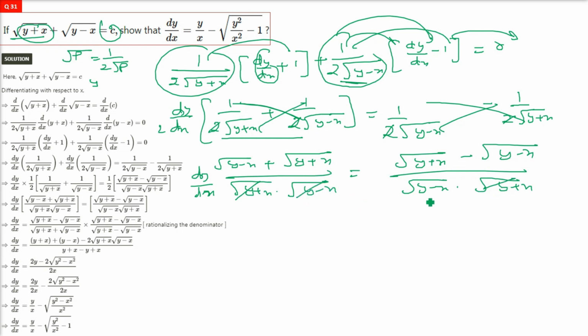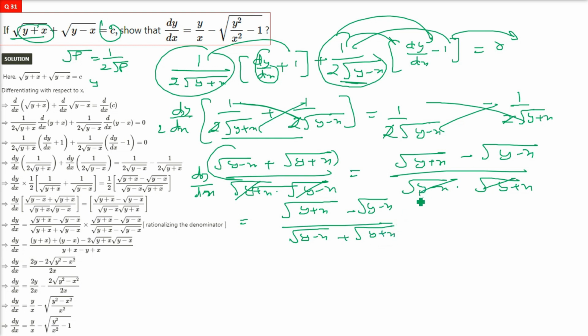You can remove this because they are same. And now only the numerator of the left hand side remains, that can go in the denominator on the right hand side. So under root y plus x minus under root y minus x divided by under root y minus x plus under root y plus x.